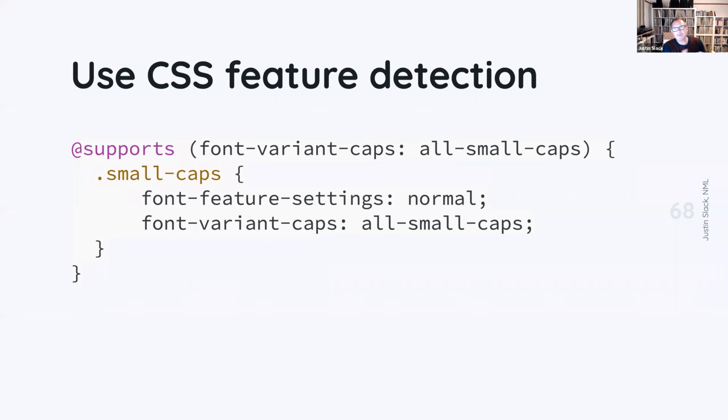So we can say, does this browser support font-variant-caps, all-small-caps? And if it does, then apply this particular feature. Any browsers that fail that support rule will ignore this. So we can make sure that even if browsers aren't supporting something typographically, they're not going to break or fail or cause any problems within the design.